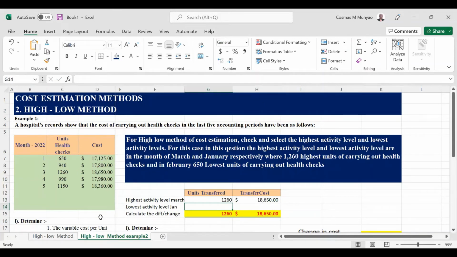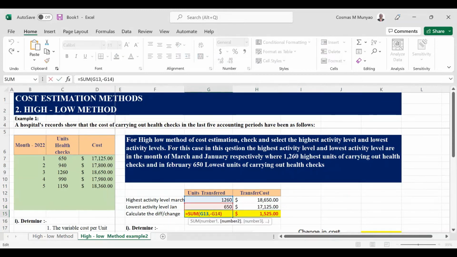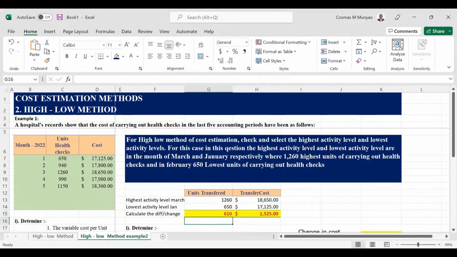The lowest activity level is in January, 650 health checks, and its cost is 17,125. Because we already have the formula, this has been calculated.